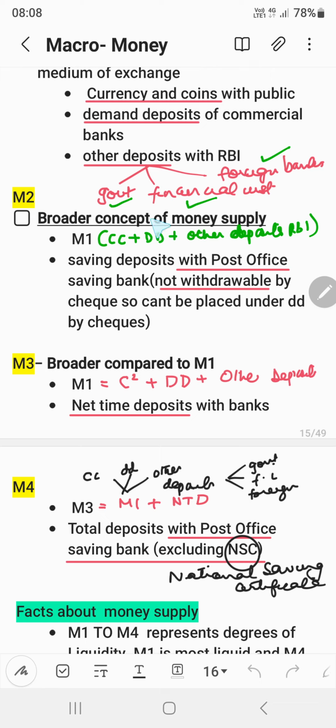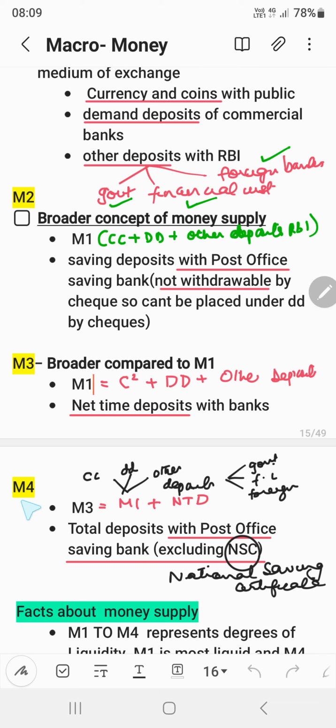Just a short while ago we said that other deposits include those deposits held by RBI on behalf of the government, on behalf of financial institutions and on behalf of foreign bank. Two things which are not included are the deposits of the Indian government and commercial banks with the RBI. So apart from M1, M3 also includes the net time deposits with the banks. So this is a broader concept of money supply.